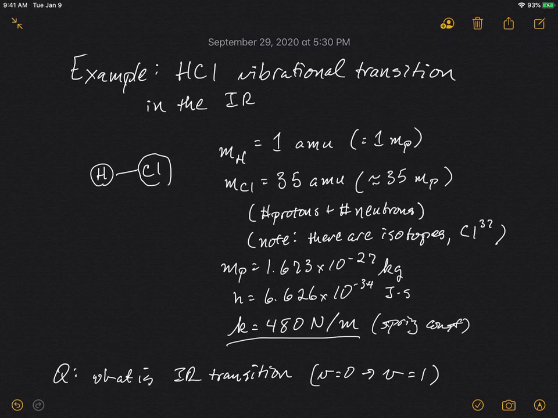The other parameter, the setup of the problem, is that we're assuming that we somehow know this spring constant K, that K is 480 newtons per meter, and maybe this comes from some kind of calculation, or it comes from some estimate based on other similar molecules, or it comes from ab initio calculations or some other method.